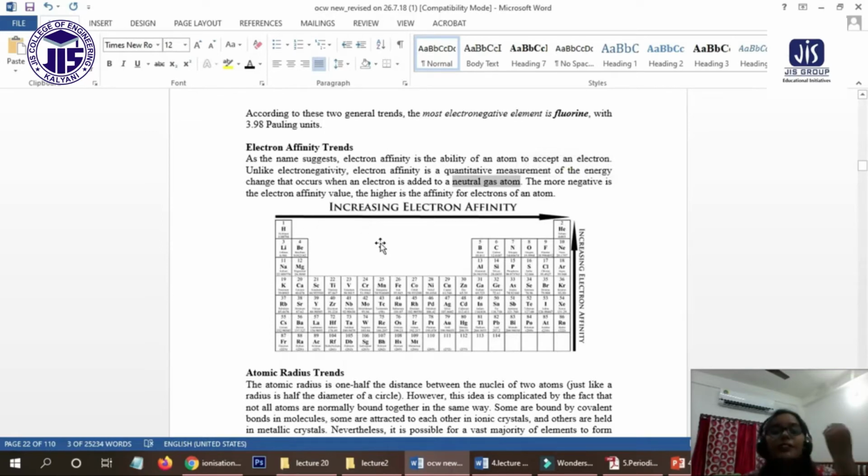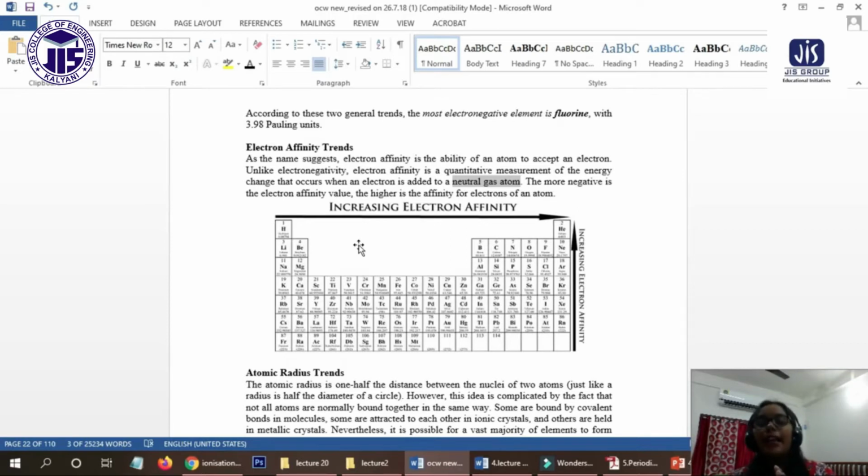So what will be the trend of electron affinity? Obviously, electron affinity will increase towards the right side along the period. Why? Because towards the right side along the period, the size will decrease, since the nuclear charge will increase.